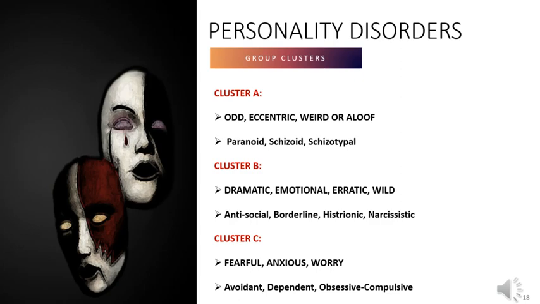Cluster B, on the other hand, are personality disorders characterized by being dramatic, emotional, erratic or wild. These include antisocial, borderline, histrionic and narcissistic personality disorders. While the last one, Cluster C, are personality disorders that are fearful, anxious or worried. These are avoidant, dependent, and obsessive-compulsive personality disorders.